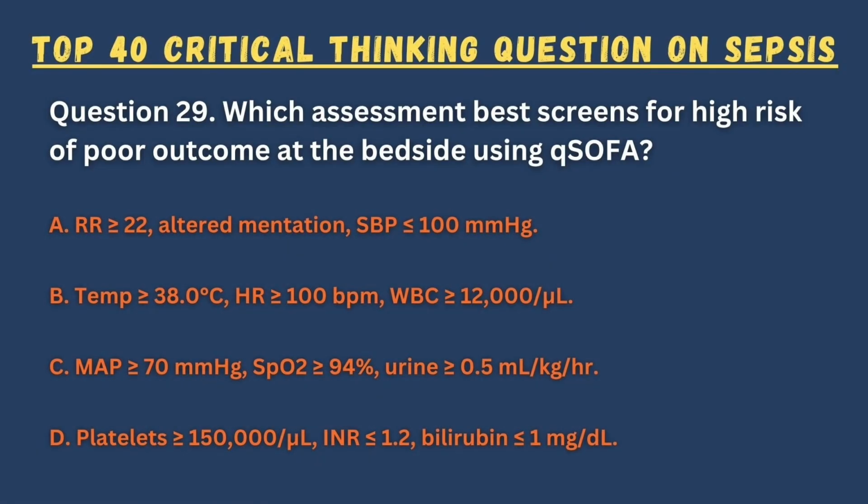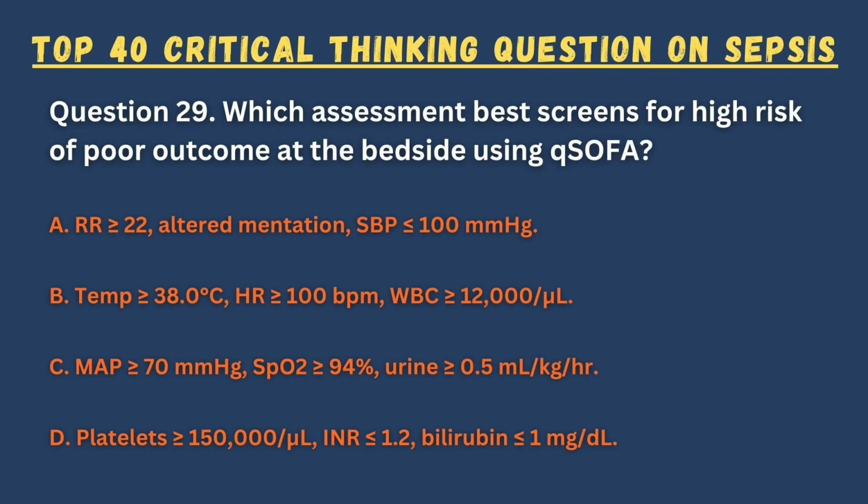Question 29. Which assessment best screens for high risk of poor outcome at the bedside using qSOFA? A. Respiratory rate greater than or equal to 22, altered mentation, SBP less than or equal to 100 millimeters of mercury. B. Temp greater than or equal to 38.0 degrees Celsius, heart rate greater than or equal to 100 beats per minute, WBC greater than or equal to 12,000 per microliter.